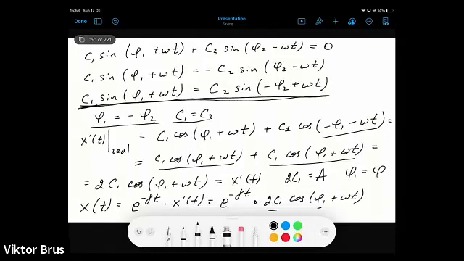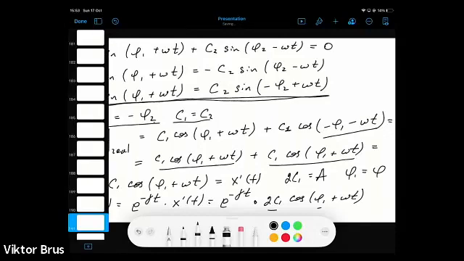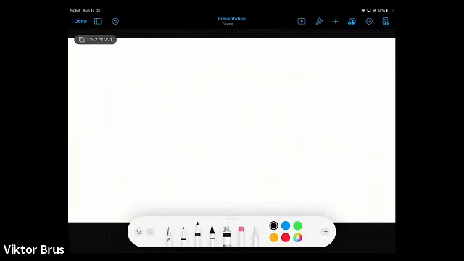And our final solution for underdamped periodic oscillation will be x as a function of t equal to A times exponent minus gamma t times cosine phi plus omega t, where we remember that omega, we made the substitution earlier.